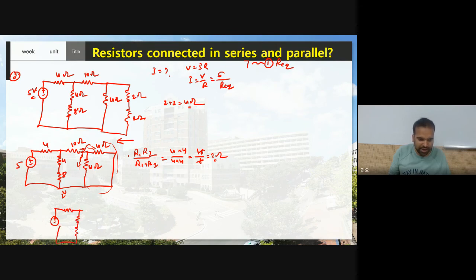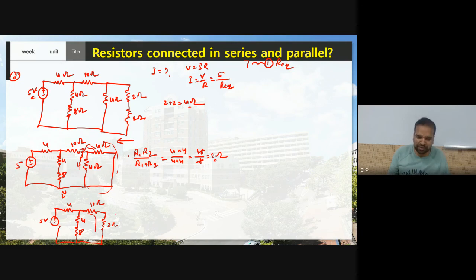Here we have 10 ohm. Instead of this 2, 4 ohm, 4 ohm, I am going to replace with a single resistor with the value of 2 ohm. And this is 10 ohm, and this is 4, and this is 8, and this is 4 ohm, and this is 5 volts. Now the current after coming here, the same current is flowing to the 10 ohm and 2 ohm. Therefore, these two elements are connected in series.